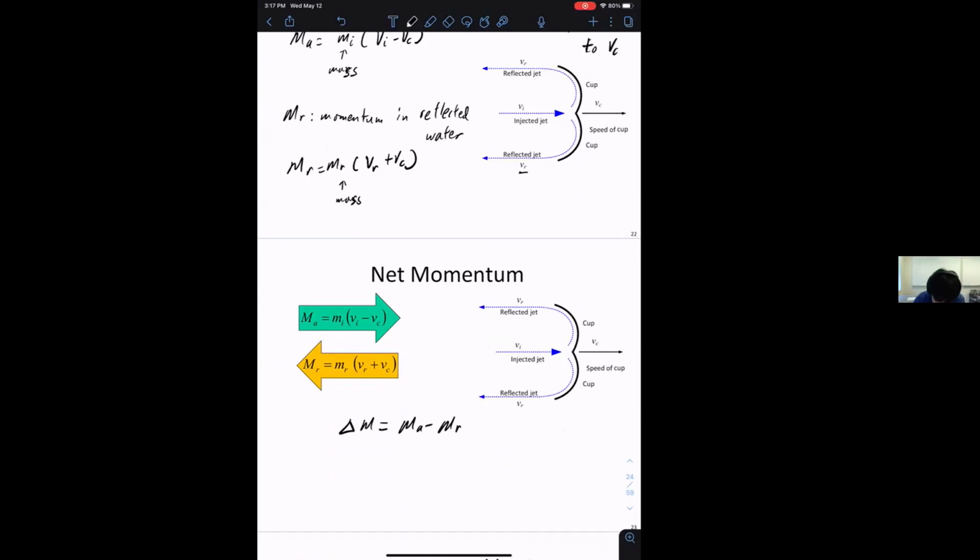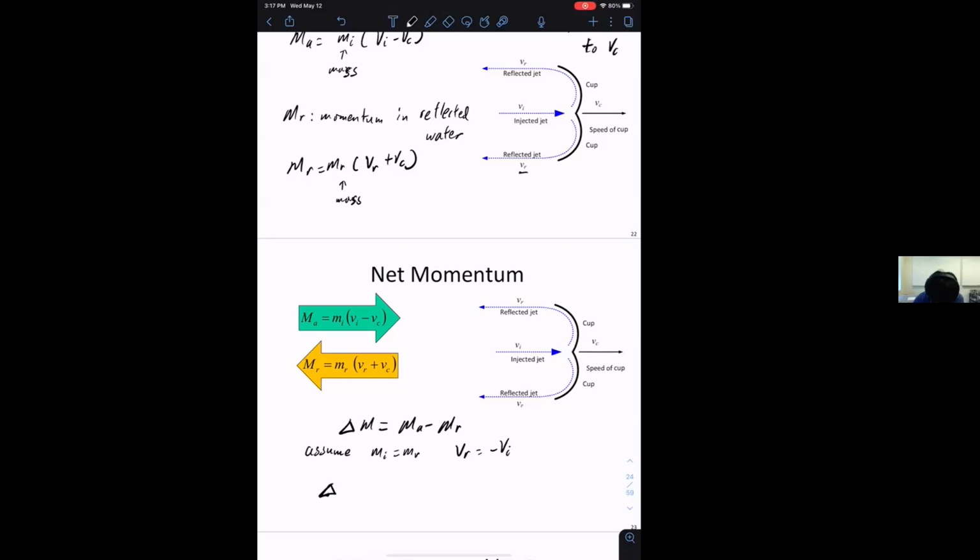We'll make simplifying assumptions. We'll assume the masses are equal, so the amount of water doesn't change. We'll assume the reflected speed is equal to the incoming speed. This is a simplification, but it will give us a simple formula that's roughly correct.